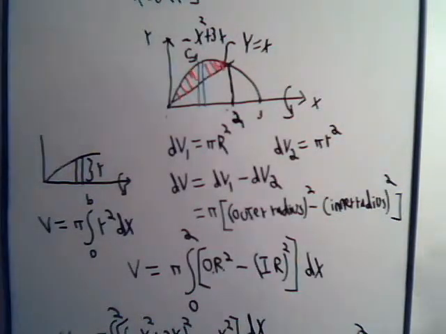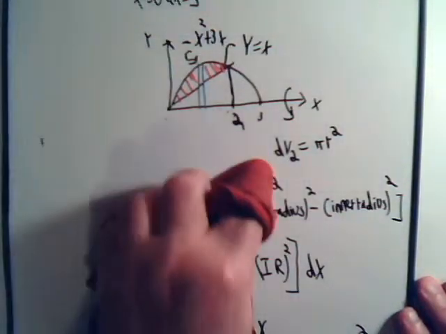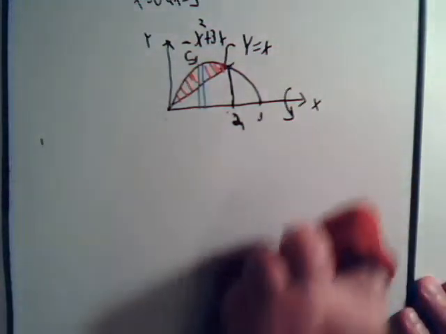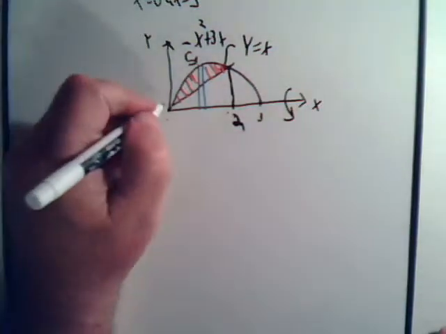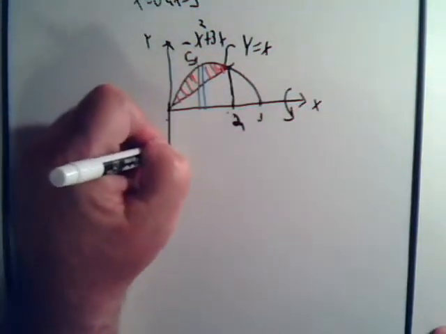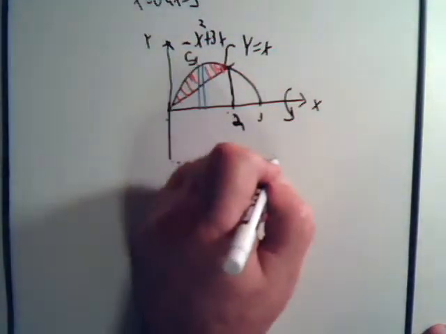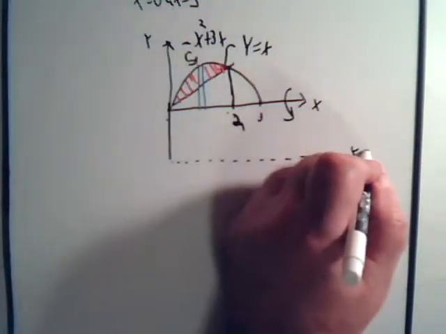Now, let's consider a little bit of a different situation. Say that we're not going to rotate it about the x-axis, but instead we're going to rotate it about this line here, y equals -4.